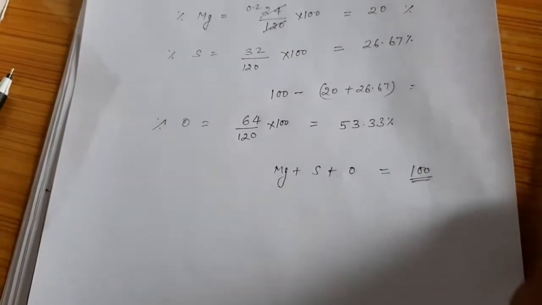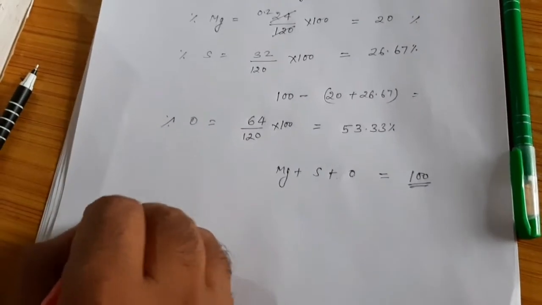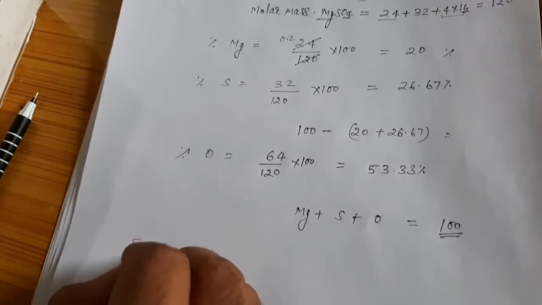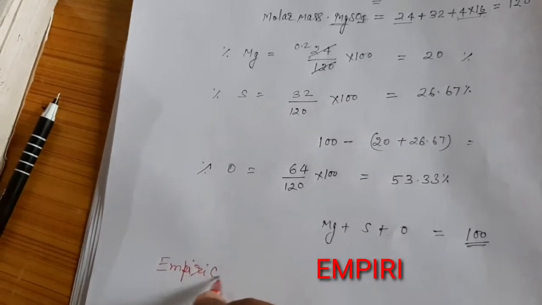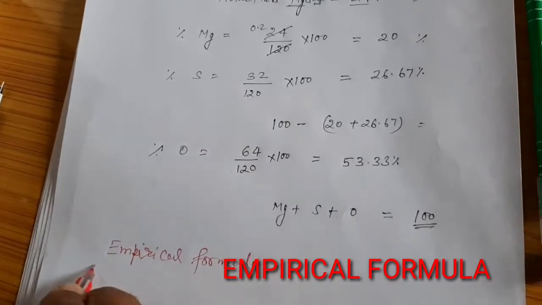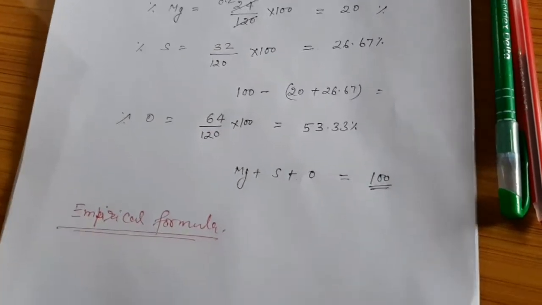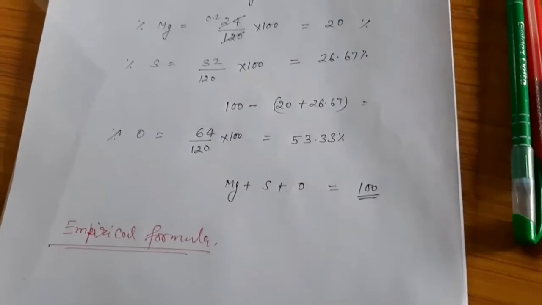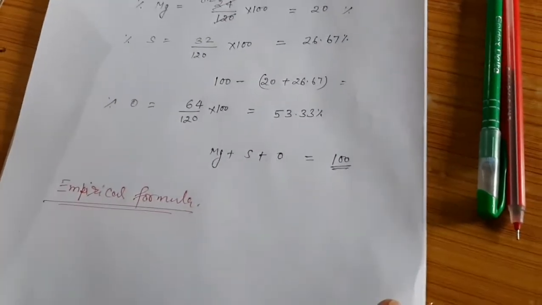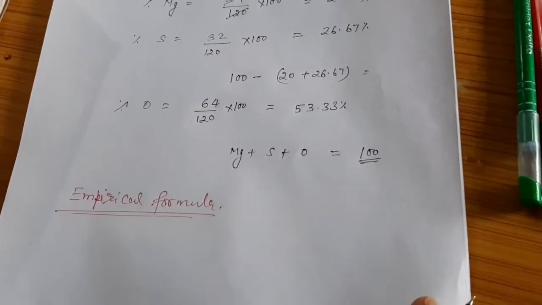So friends, first of all understand what is the empirical formula. The empirical formula, it is very easy to understand. It is the formula which expresses the simplest whole ratio of the atoms of the various elements present in the compound.